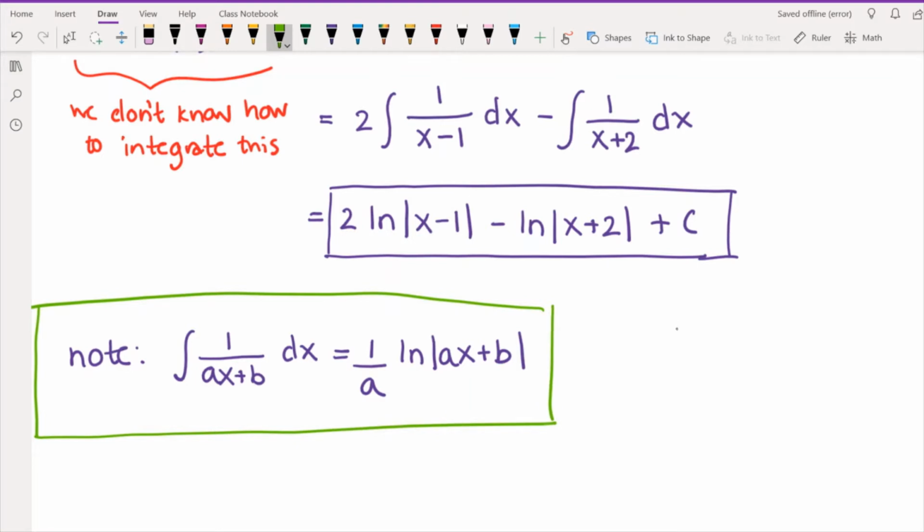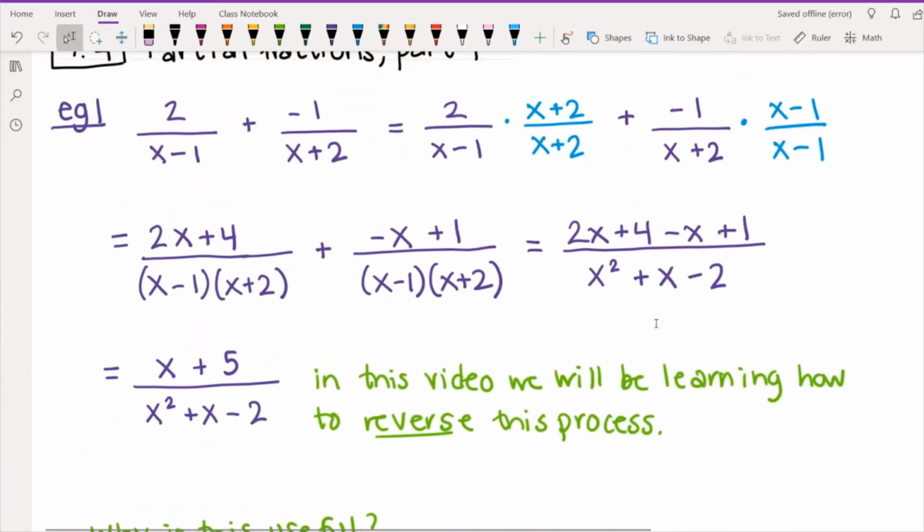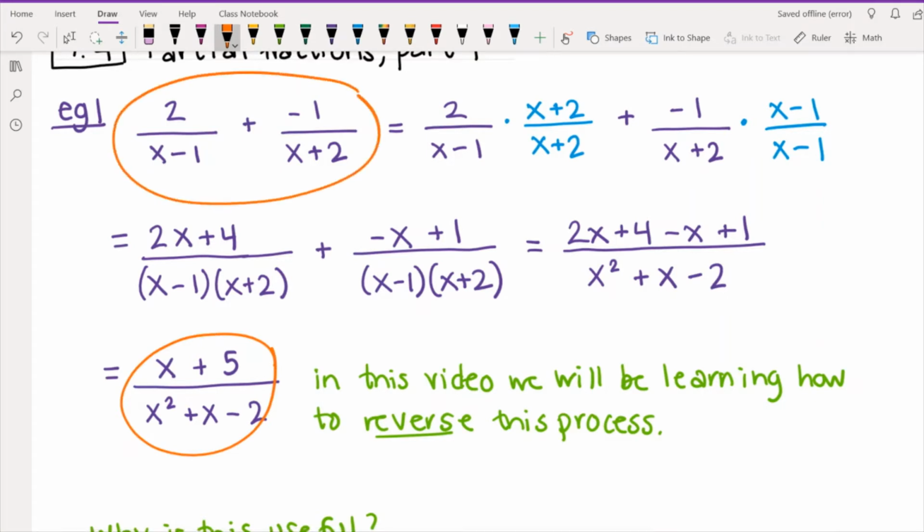Okay, so I now want to look at how this process of reversing what we did here works. We're going to get into some other examples later in the video, but I want to start with this same example. The reason is that we know this fraction can be broken into these two fractions. That way, when we find our final answer, if it matches these two original fractions, you'll be convinced that it works, whereas with other examples you just have to believe that it's true.